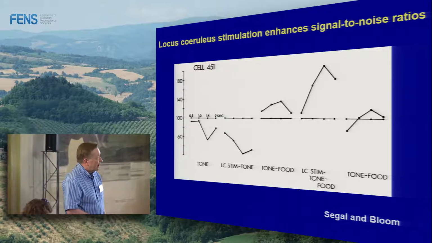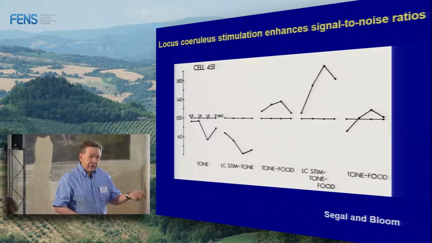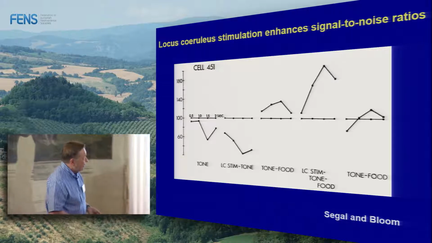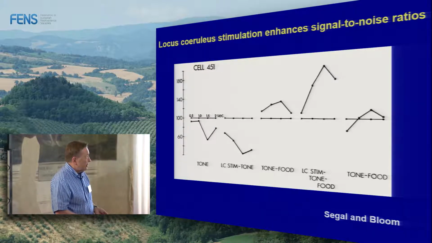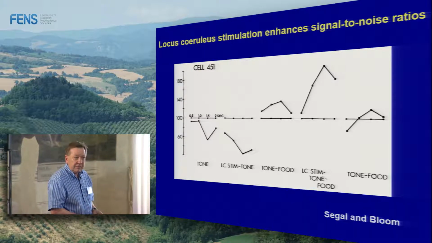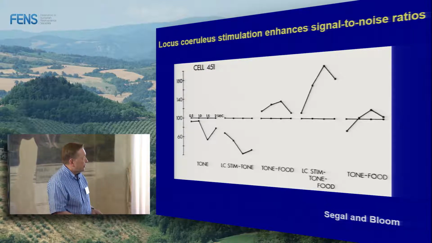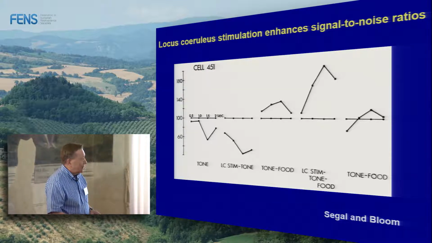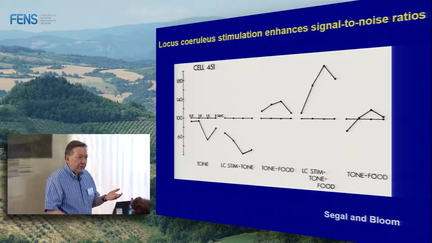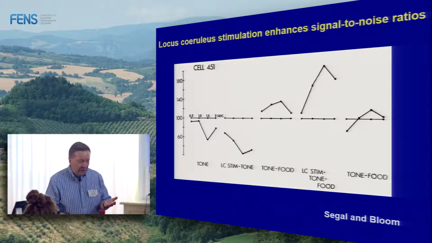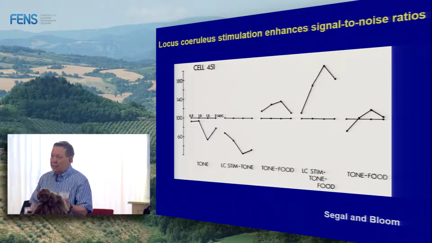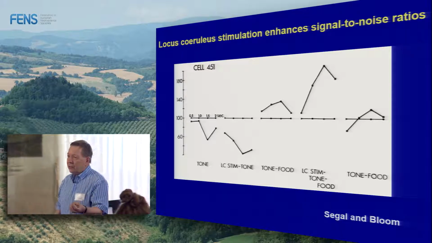Then the tone was made salient by being predictive of food, and suddenly the cell becomes more interested in this. Yeah? No longer inhibited, mildly excitatory. Now we stimulate the locus coeruleus again. Wow, it's augmented. So the same effect has different actions dependent on the activity of the postsynaptic system.